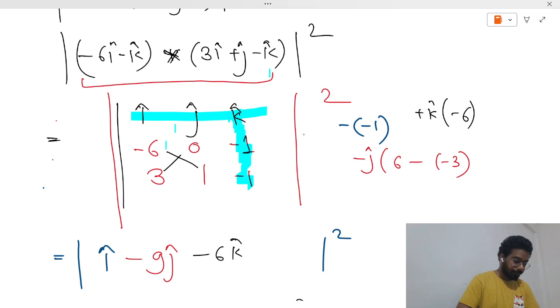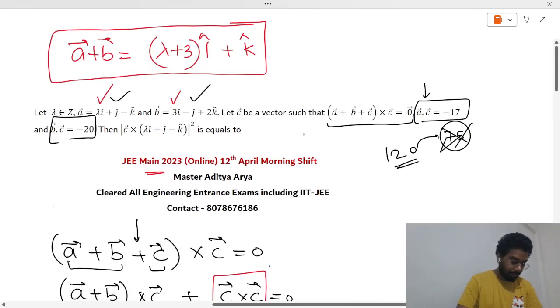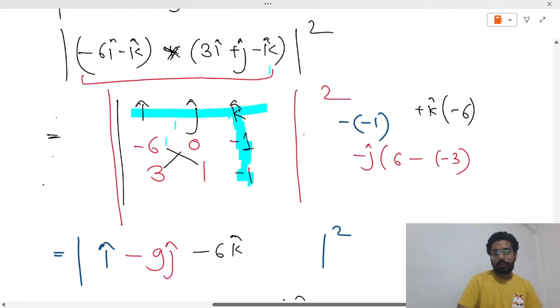Hold on a minute. Either you can let me know in the comment box or in the chat box, just confirming the calculation part. All right. I thought some mistake in calculation had been done. But no, we have not done any calculation mistake. We are perfectly right, guys. Yeah, perfectly correct over here.